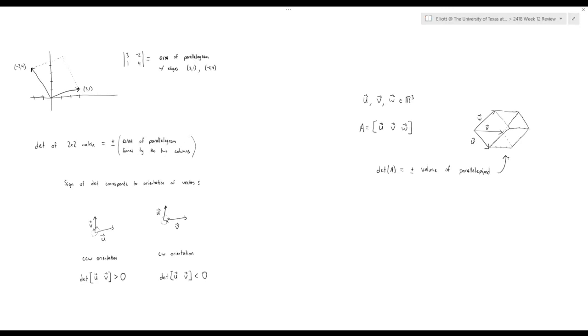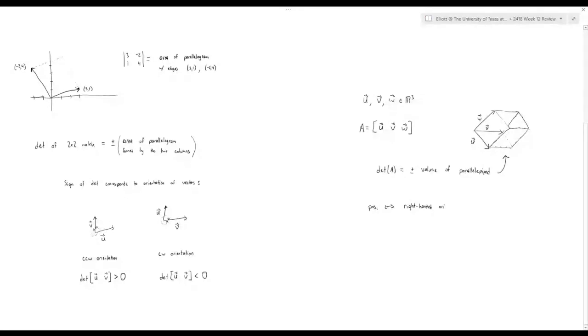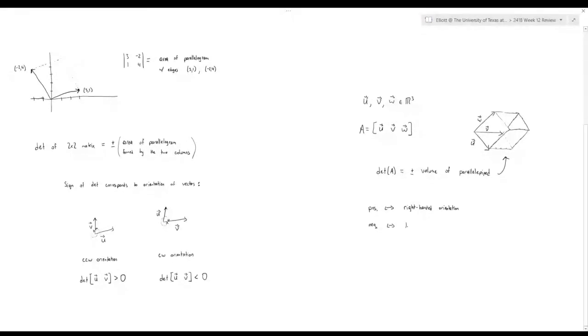A positive sign means that the three vectors have what we call a right-handed orientation. And if it's a negative sign, then it has what we call a left-handed orientation instead.